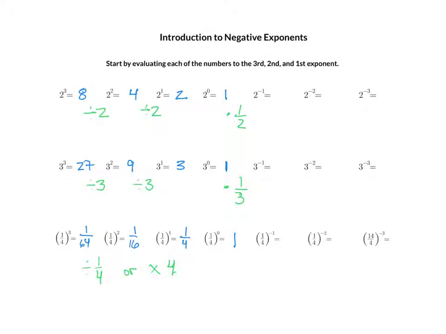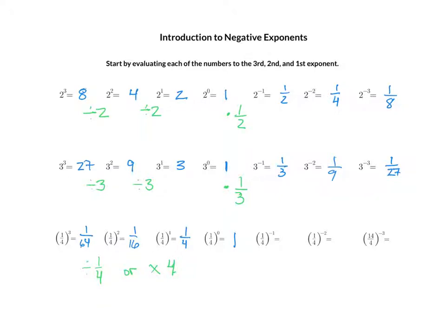So if we use these to continue our pattern, 1 times 1/2 gives us 1/2. 1/2 times 1/2 gives us 1/4. And 1/4 times 1/2 gives us 1/8. For the 3 row, 1 times 1/3 gives us 1/3. 1/3 times 1/3 gives us 1/9. And 1/9 times 1/3 gives us 1 over 27.